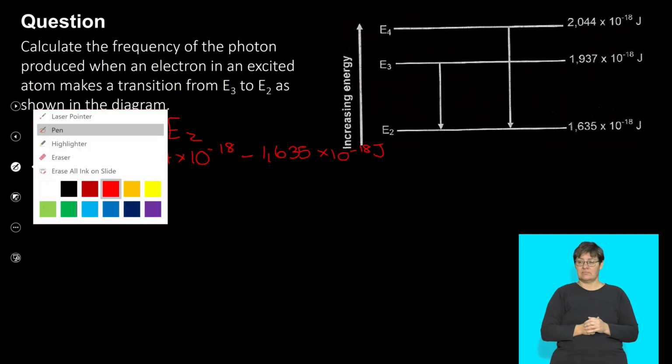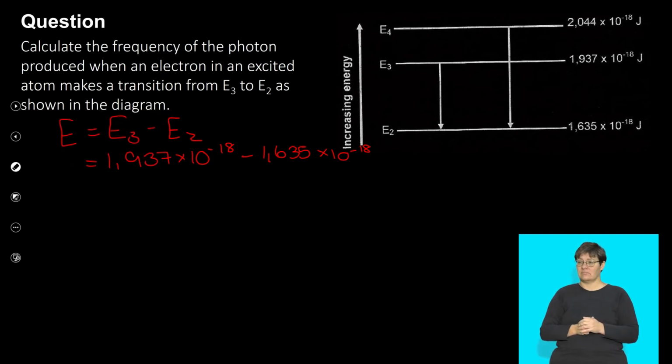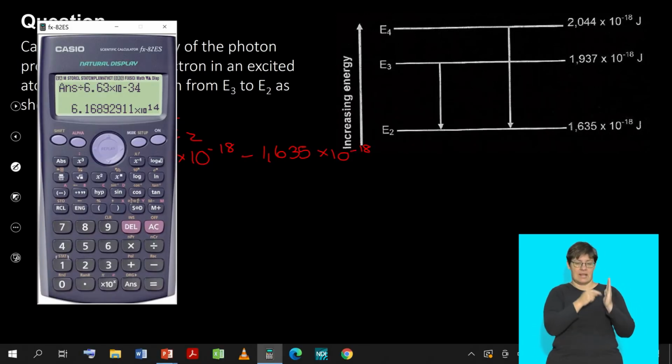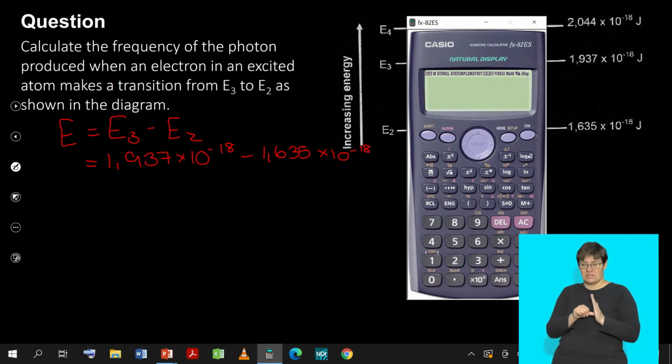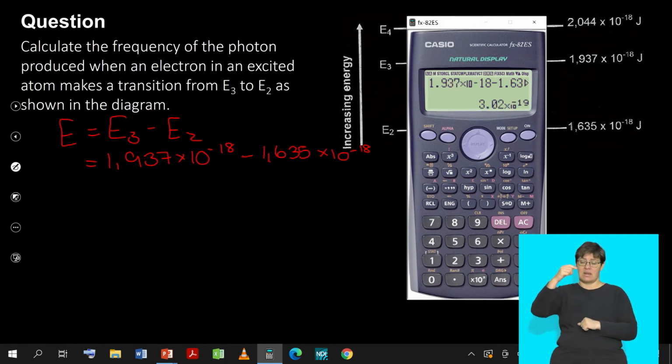Don't put the units in. There we go. And we're going to put this on our calculators because it's important. Well, I can't do this in my head. 1.937 to the minus 18 minus 1.635 times 10 to the minus 18. Now I get 3.02.